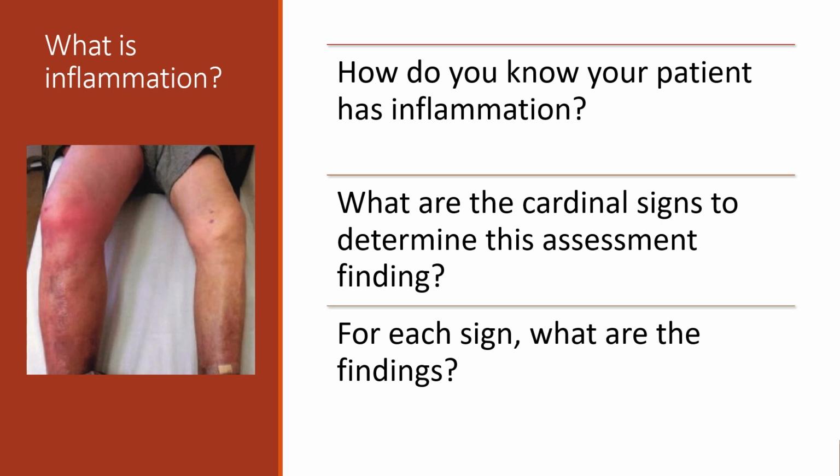We need to know when it started, how the pain affects daily life, the associated manifestations, and the aggravating and relieving factors. You need to understand what types of questions you would ask your patient if they came in with pain. Chapter 4 in your purple RN Adult Medical Surgical Nursing book in ATI has about 3 pages on this. Just review those content pieces and start applying them to the patients we're going to be talking about.